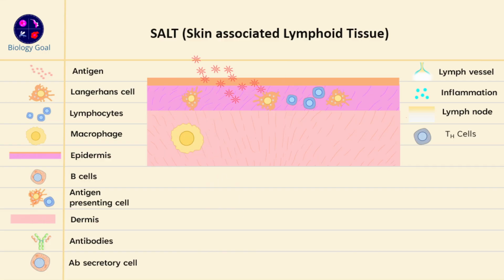Their role is to phagocytize foreign invaders like bacteria, dead cells, and debris. Their role is also to present antigens to other immune cells. They also release cytokines like pro-inflammatory cytokines, so that inflammation can be triggered, and because of that inflammation, other immune cells can be brought to this particular region.